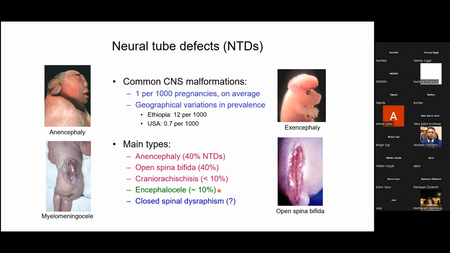Encephalocele is, of course, often included in the neural tube defects. I've put it in a different color because it has a different mechanism, as I'll speak about in just a moment. And then, of course, probably of particular relevance to those of you who are neurosurgeons, closed spinal dysraphism, where a great deal of neurosurgery, certainly at my own hospital here at Great Ormond Street in London, this is a very important condition that occupies the neurosurgeons clinically.